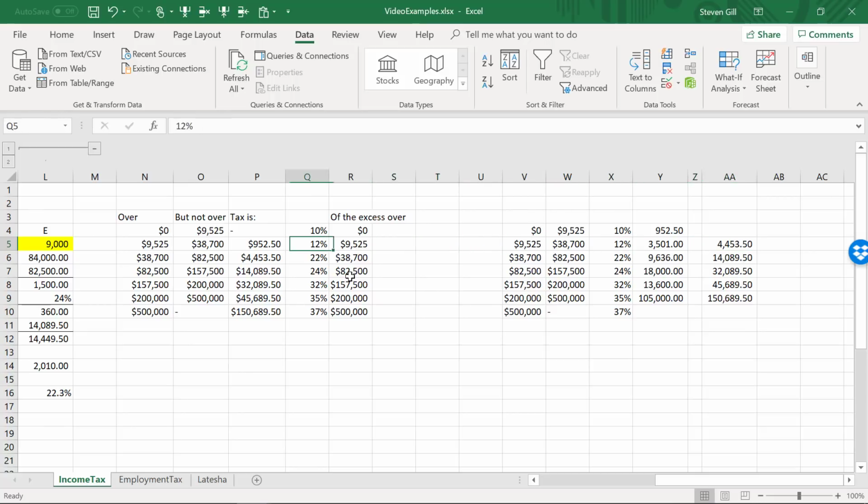Notice that is the exact same amount you add to the excess over 38.7. Then when I go from 38.7 to 82.5, I add another 96.36 of tax for the dollars between 82.5 and 38.7. That totals $14,089, which is of course the amount we add in for every dollar above 82.5.